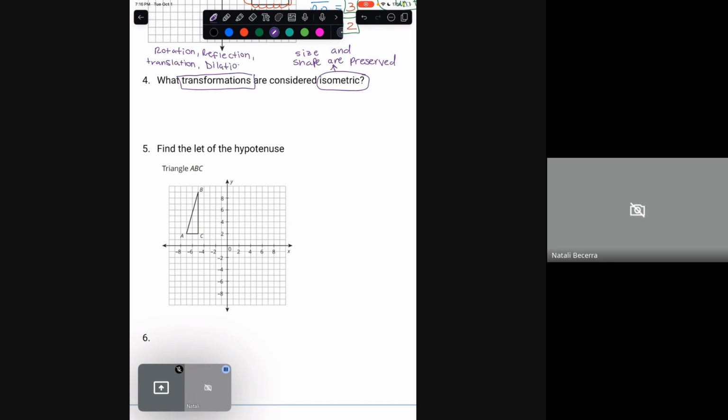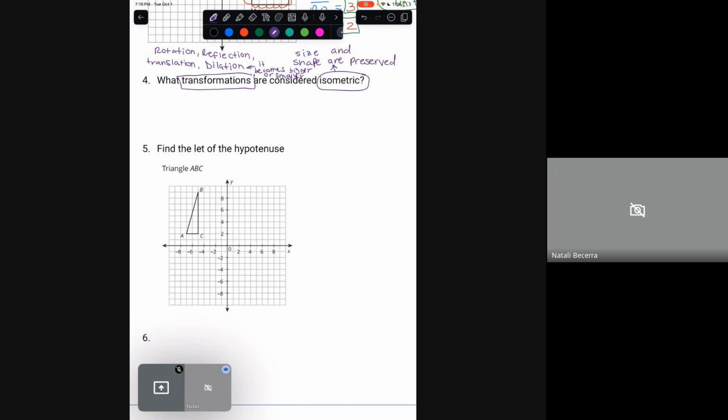So dilation, we didn't talk about it in class, but dilate means that it becomes bigger or smaller. Hopefully y'all can see that. So we have rotation, reflection, translation, dilation, and dilation means it becomes bigger or smaller. Am I forgetting one? No, I think that's it.